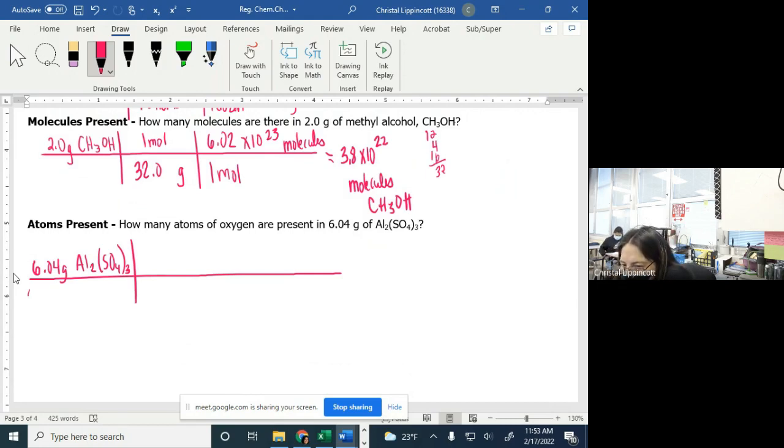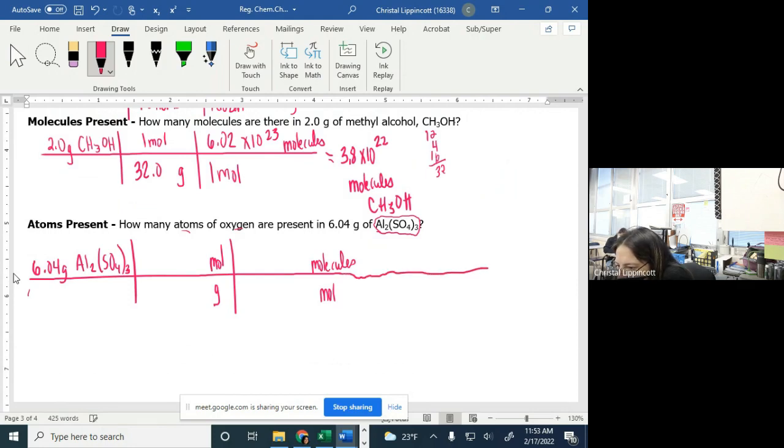Now, we need to get rid of grams. We need to go into moles. Those moles then are not going to take me directly into atoms of oxygen. That's going to tell me how many of these we have, how many molecules we have. But that's not what they wanted to know.